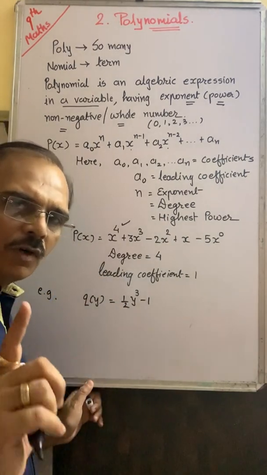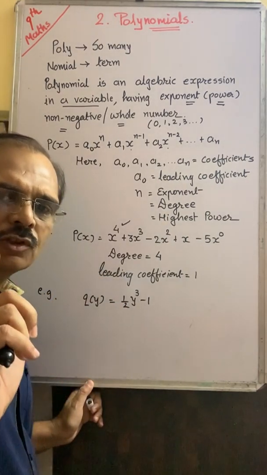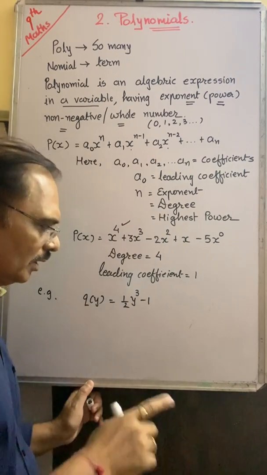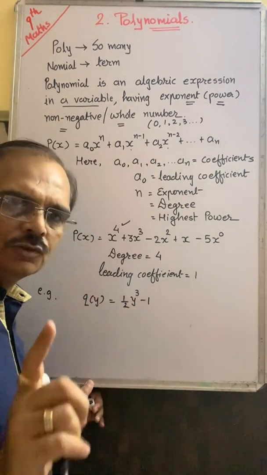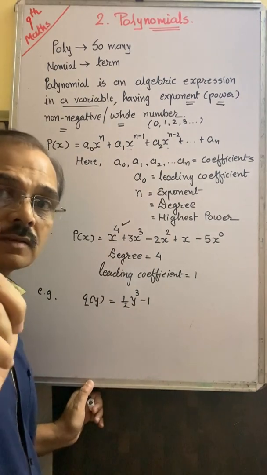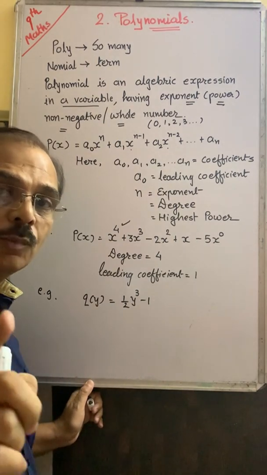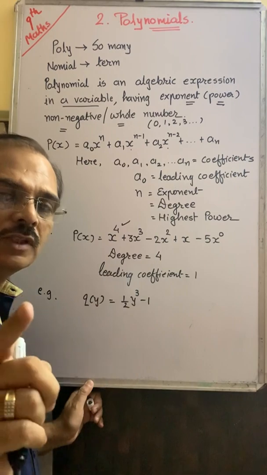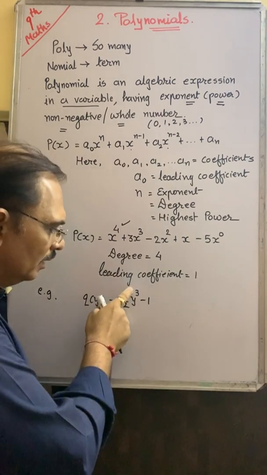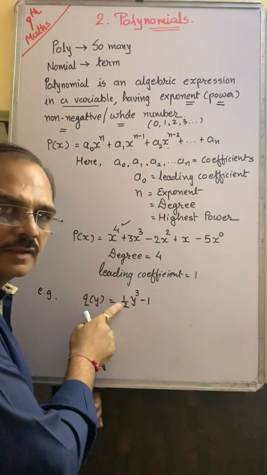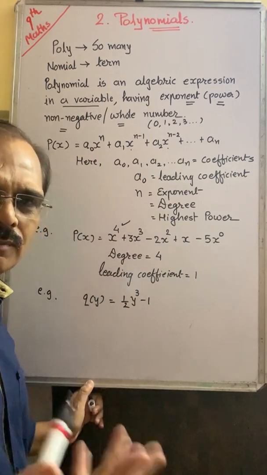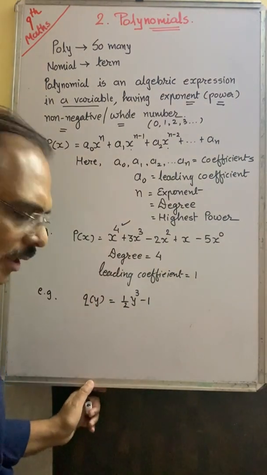You have to think what variable should be there. First thing, only the y variable is used here. The power, the degree or exponent, uses your whole number 3. Don't think about this, this is the coefficient. The coefficient may be anything, may be a real number.